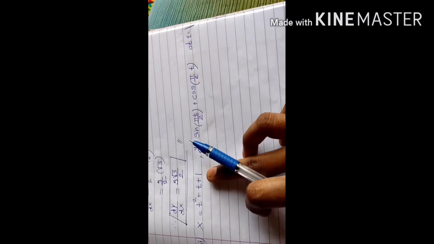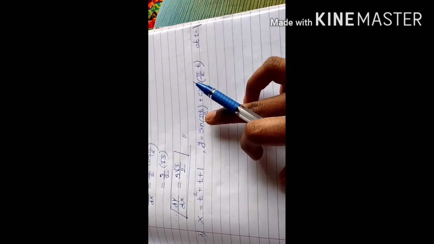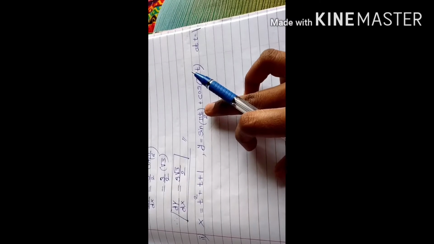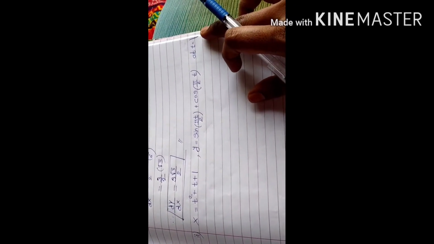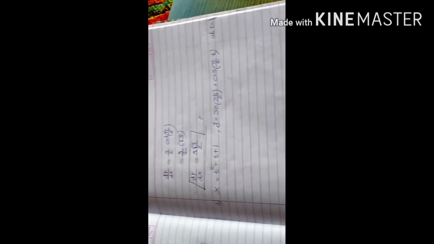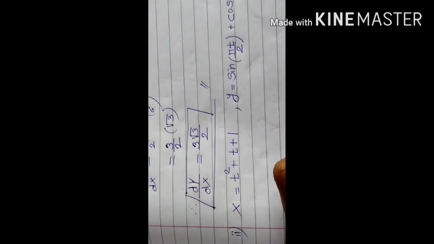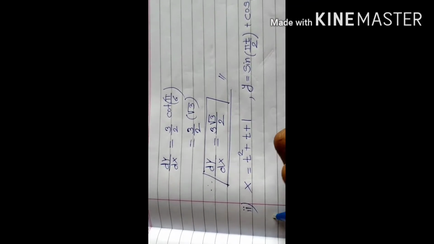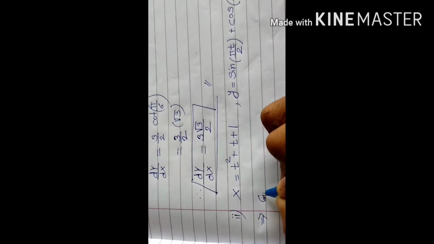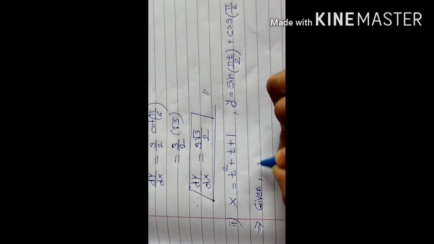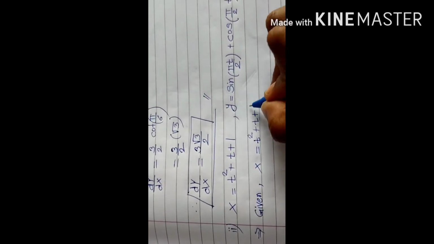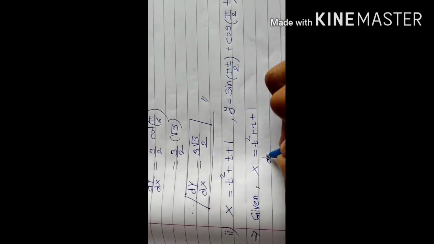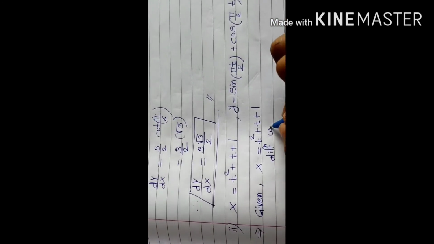Next example is x is equal to t square plus t plus 1, y is equal to sin pi t by 2 plus cos pi t by 2, where t is equal to 1. Given, now t is the parameter, so differentiate with respect to t.